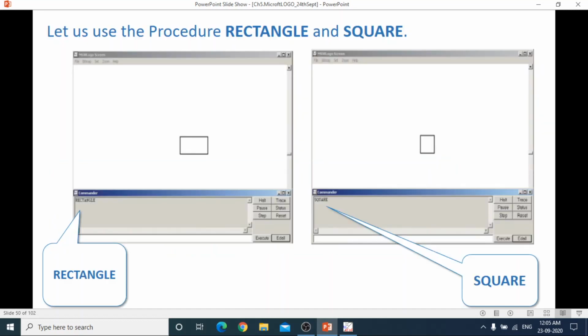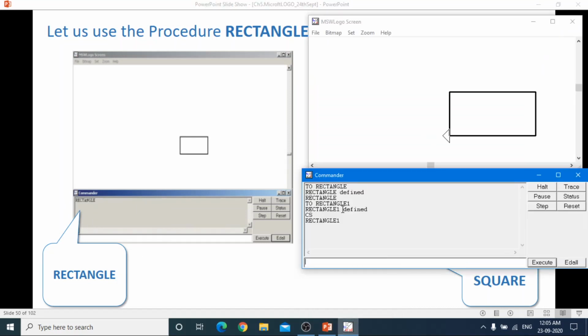And after that, when you write the name of that procedure, it will simply draw that figure. See, if you write rectangle, it will draw the rectangle, and if you write square, it will draw the square.